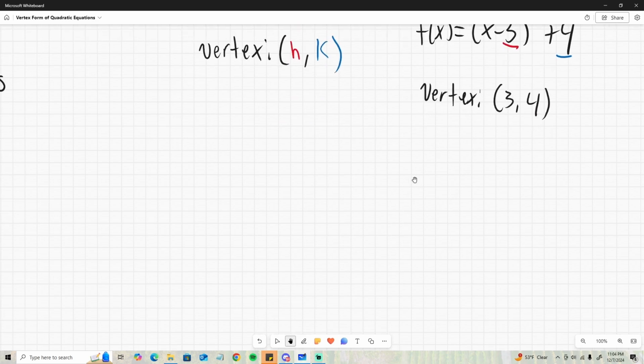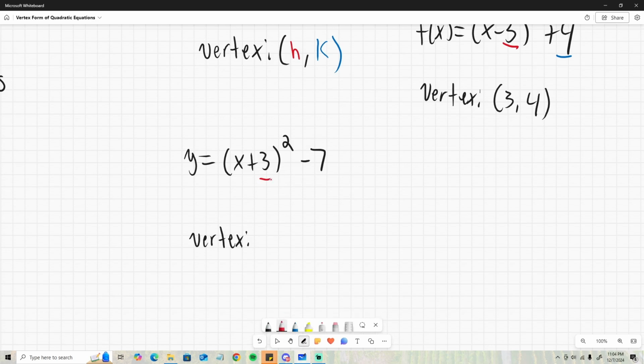So for example, if I say y equals (x plus 3) squared minus 7, my vertex, again, is going to come straight from my formula. It's going to come from my h and my k.